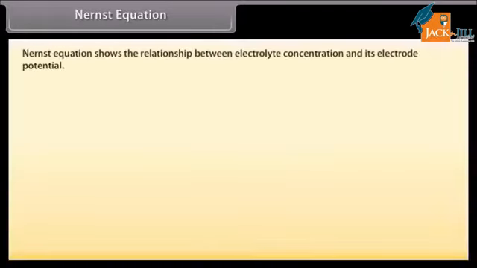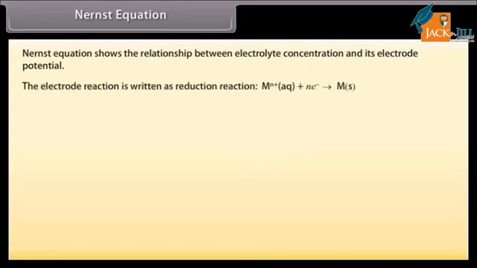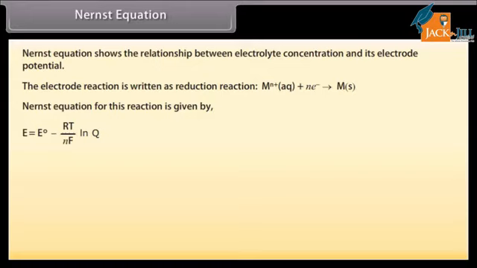Nernst equation. The Nernst equation shows the relationship between electrolyte concentration and its electrode potential. The electrode reaction is written as a reduction reaction. The Nernst equation for this reaction is given by E is equal to E naught minus RT upon nF multiplied by natural log of Q, where Q is the reaction quotient.